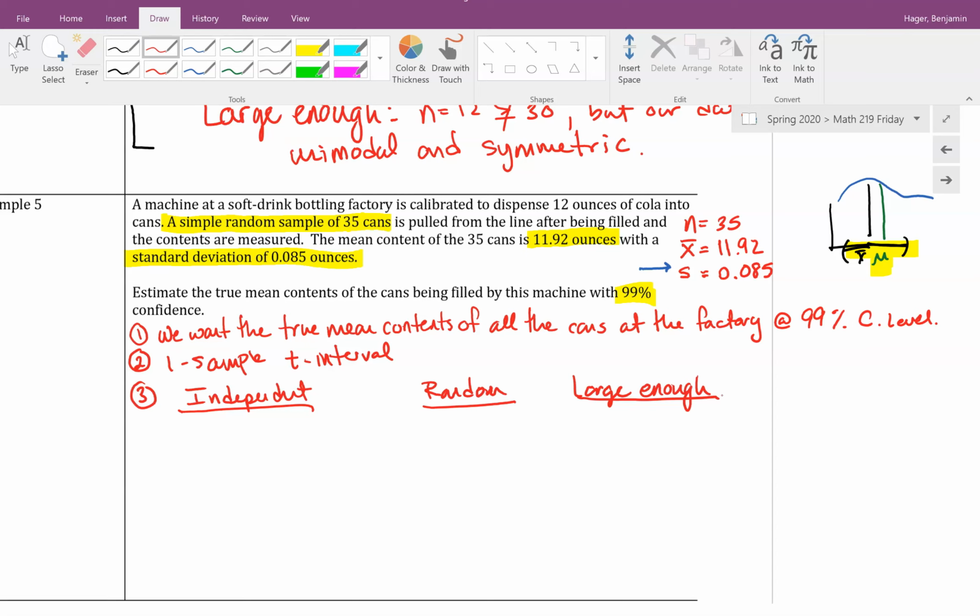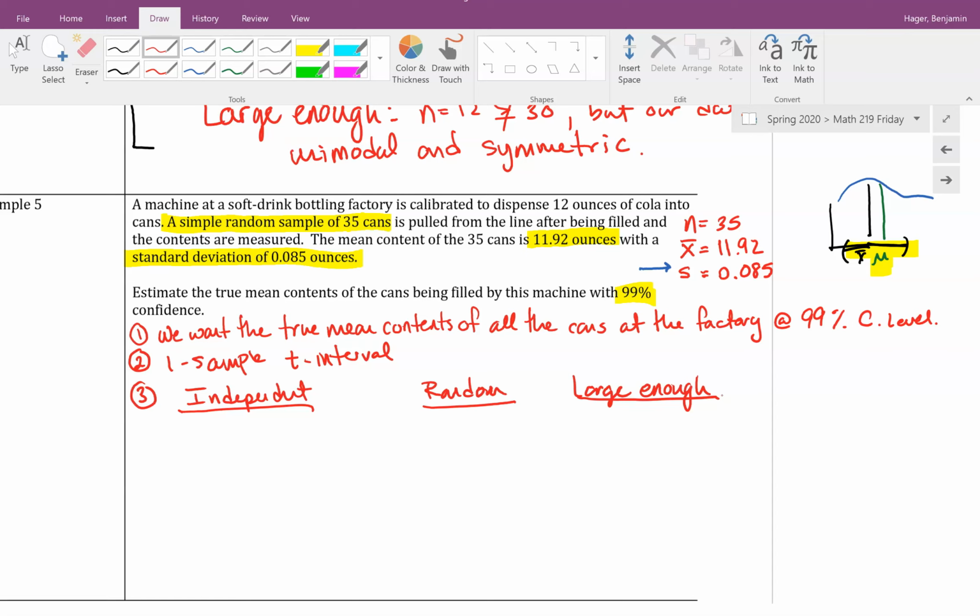You could say that if the machine gives one can of Coke 12.1 ounces, it's not going to say, well, I better take it easy on the next can and give them a little under. The machine just spits Coke out, right? So I would say it's independent. It's not like it's keeping track. It's equally likely to be anything around 12. Again, we don't even have to go there.